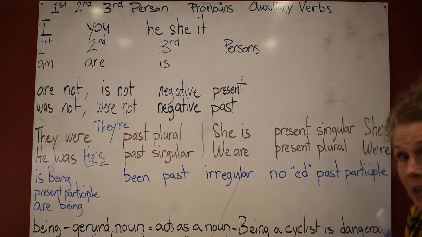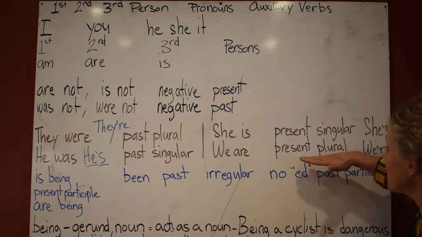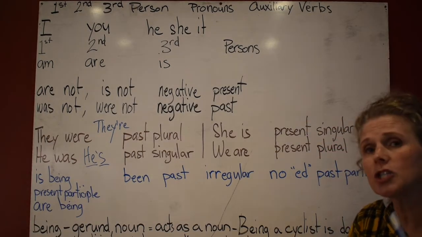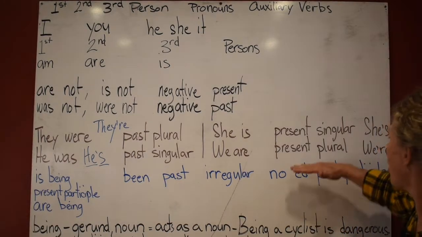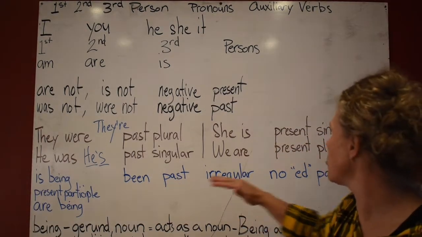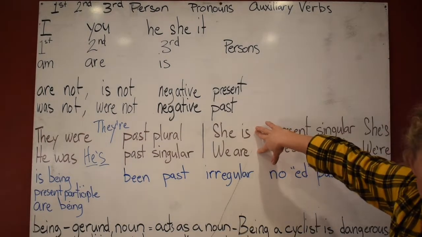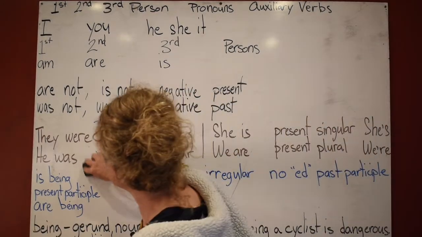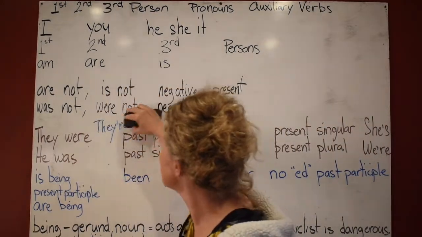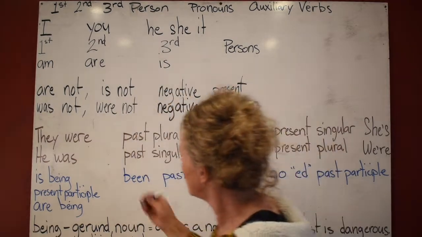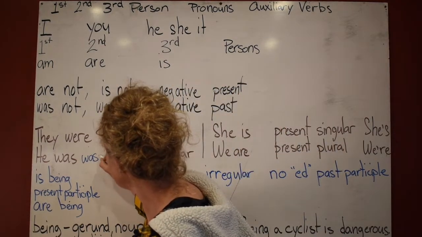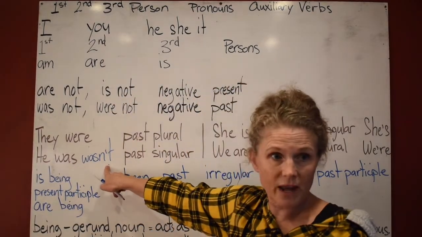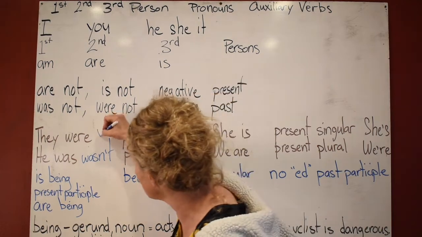But anyways, what are we doing again right here? You can contract your present. Remember, our conjugated verbs change in the present. Our contractions change in the present when we're contracting our subjects and our verbs together. Okay? Does that make sense? Because we can contract was, like look at this. Was and then not. Well, we can still contract this, but you contract it with an adverb. So we can do this one, were.